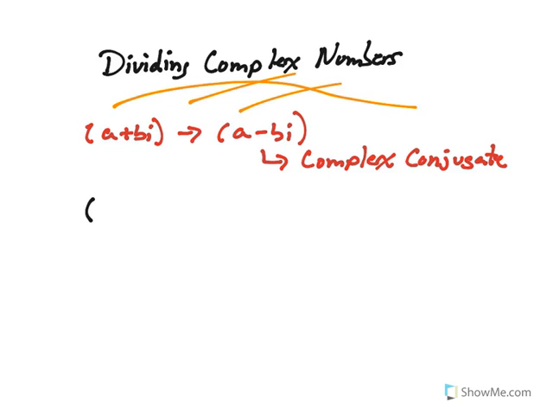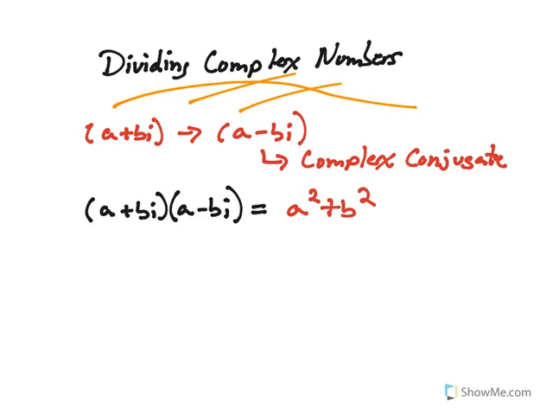Then, of course, if you have the product of two complex conjugates, that's always going to equal a squared plus b squared. The plus bi and the minus bi will cancel out. And when you replace the i squareds with the minus 1, okay, everything will simplify to a squared plus b squared.